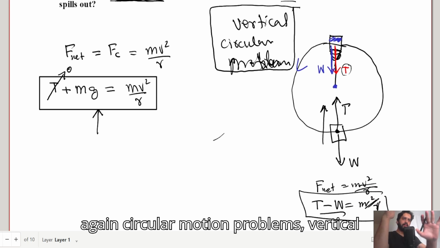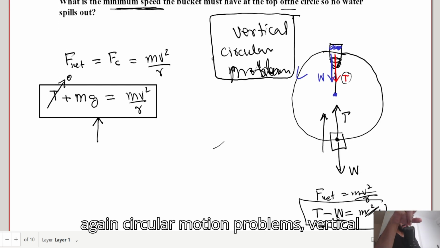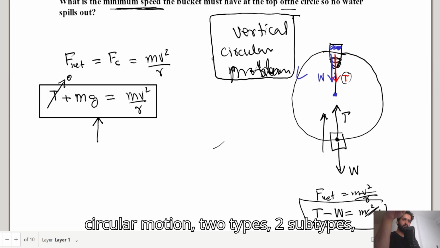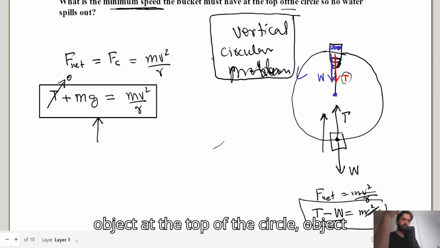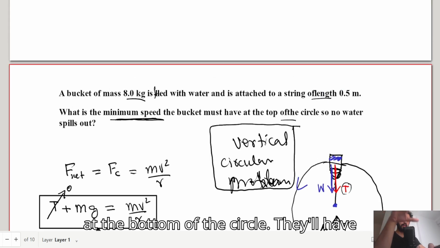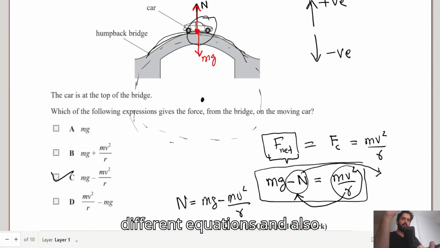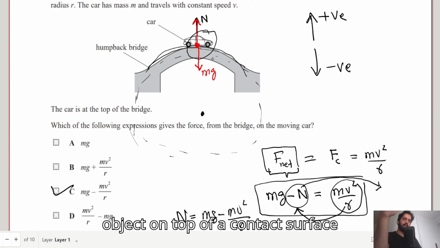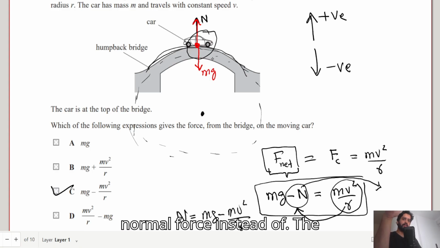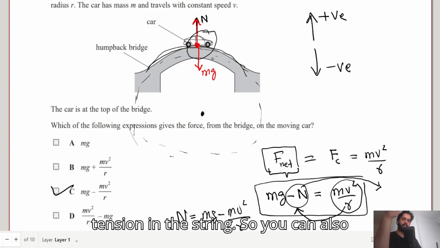So again, vertical circular motion has two subtypes, object at the top of the circle and object at the bottom of the circle, and they'll have different equations. And also an object on top of a contact surface like a road or a bridge will have normal force instead of the tension in the string.